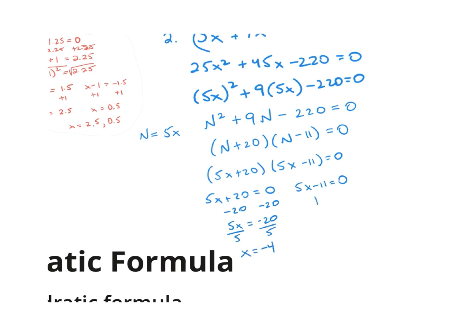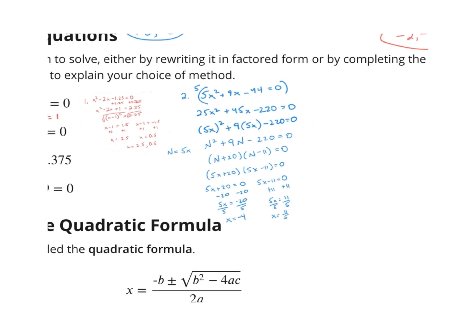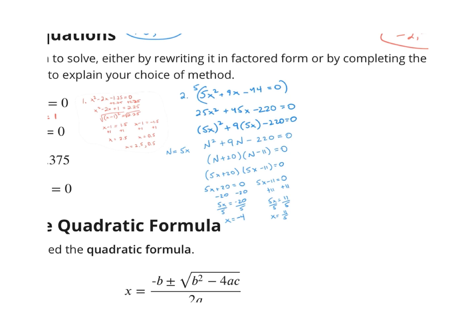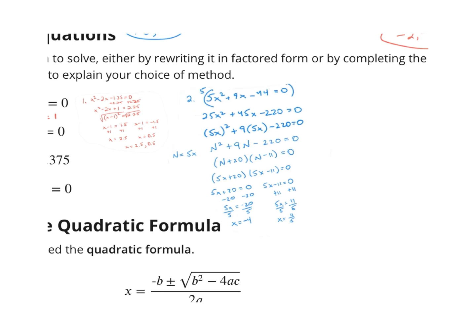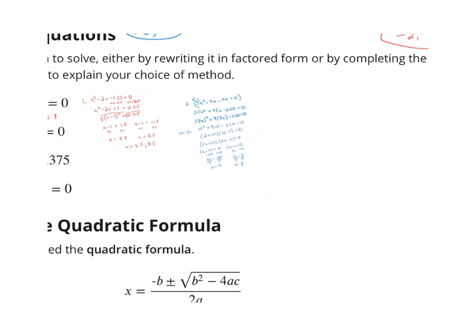For the other one, I'm going to add 11 to both sides. I get 5x equals 11, divide by 5, and I get x equals 11/5, or you could even say 2.2, whichever you prefer. So my two solutions are negative 4 and 11/5. All right, let's go ahead and take a look at question 3.